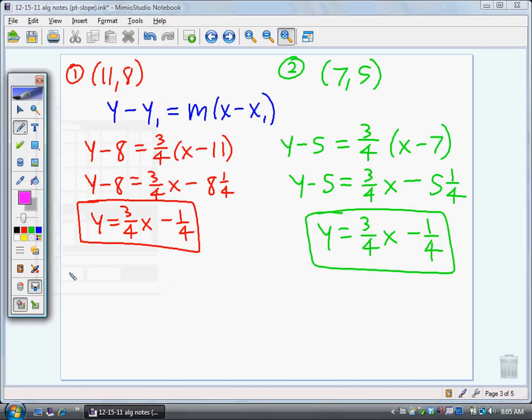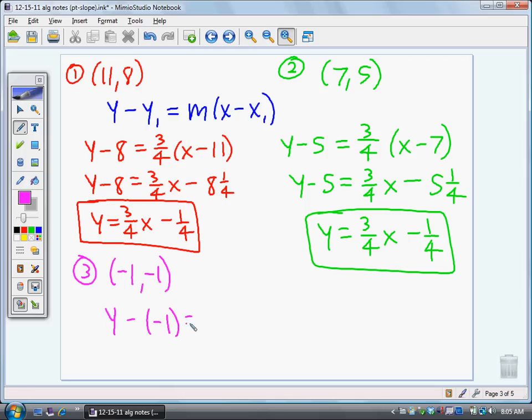And then we'll do the last one quick, which is (-1, -1). Plug in the same thing. y minus -1 equals 3/4 times the quantity of x minus -1. That's y plus 1 equals 3/4 times the quantity of x plus 1.